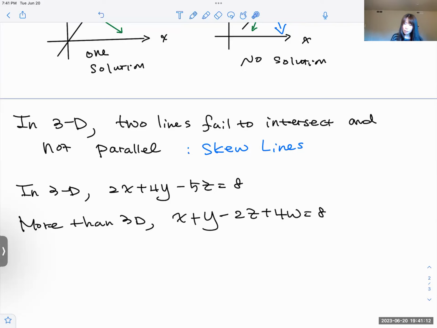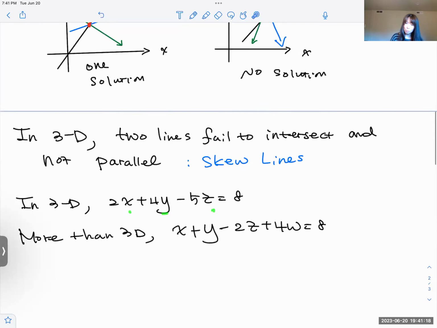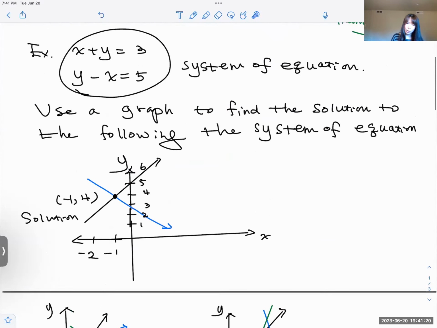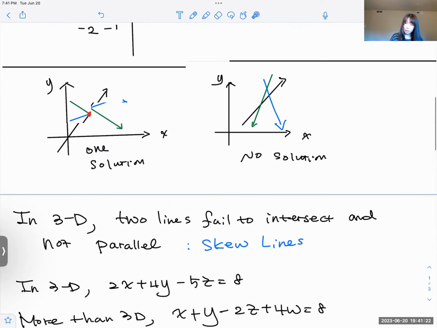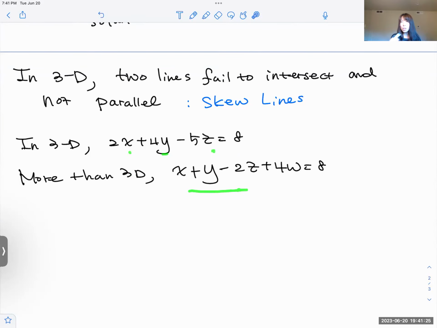Okay, can you see that more than x, y, z? So in 3 dimensions, we have x, y, z. In 2 dimensions, we are using x, y, right? So in linear algebra, we are using more than 3 most of the time, and 3 dimensions sometimes, right?